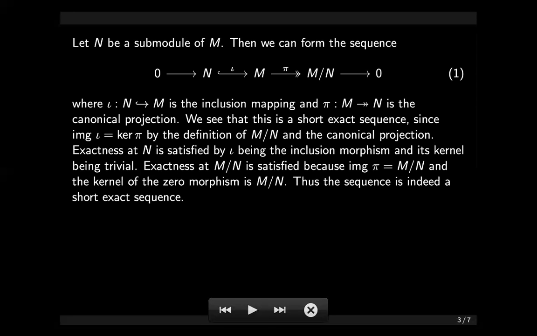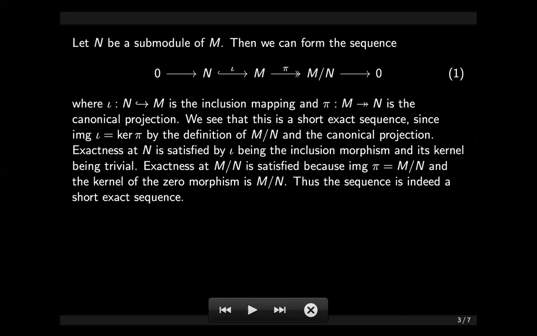Now, being exact at N, this is pretty simple to see. The inclusion map, that's an injection, and the kernel of this injection is going to be trivial. And we see that, of course, the map of 0 into N is also an injection, as I said. So we're exact at N because the image of the map of 0 into N is equal to the kernel of iota, which is just 0.